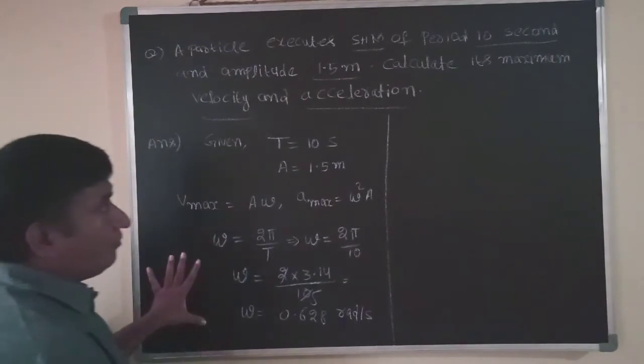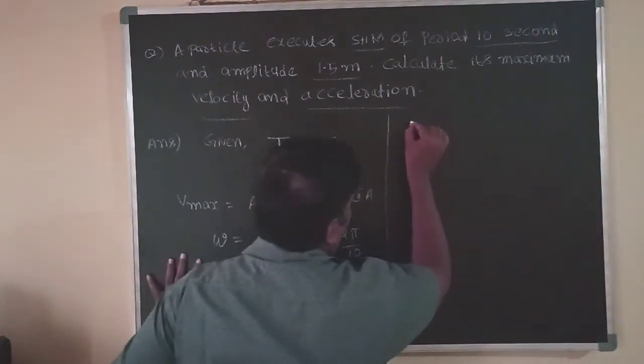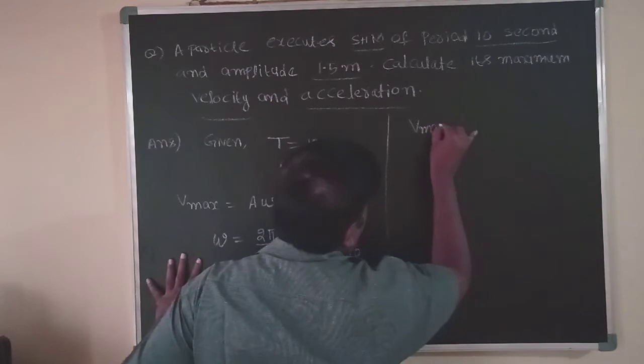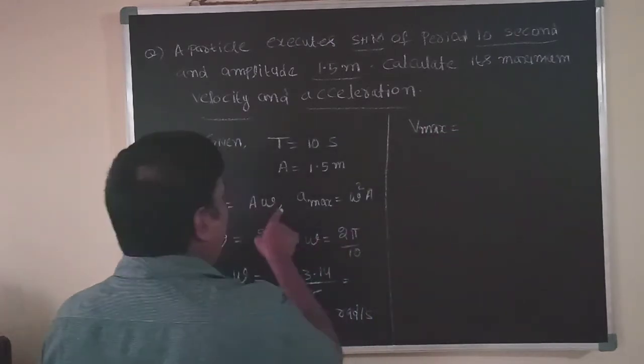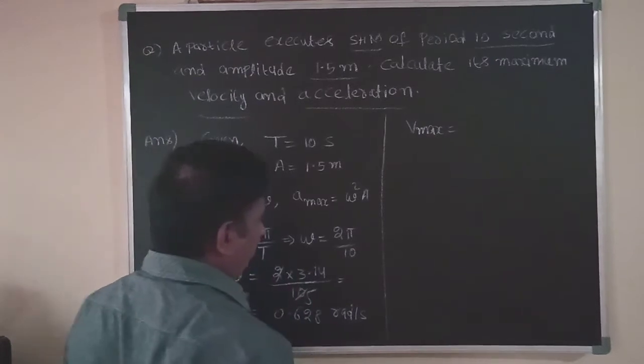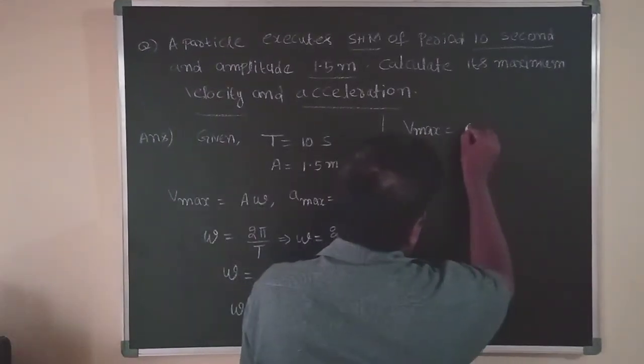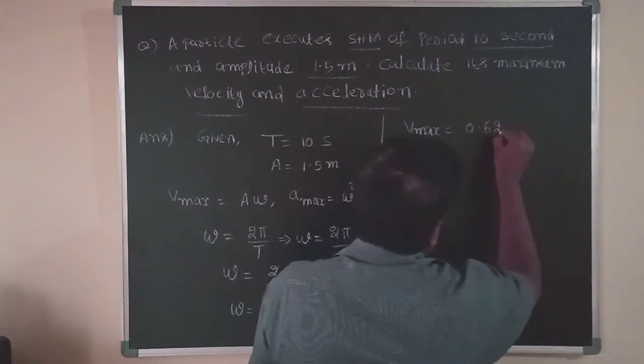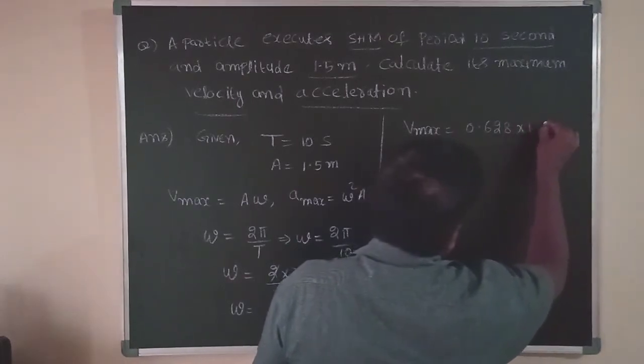With the help of this, the V maximum value is A into omega, or omega into A. We know A and we know omega, so it is 0.628 into 1.5.